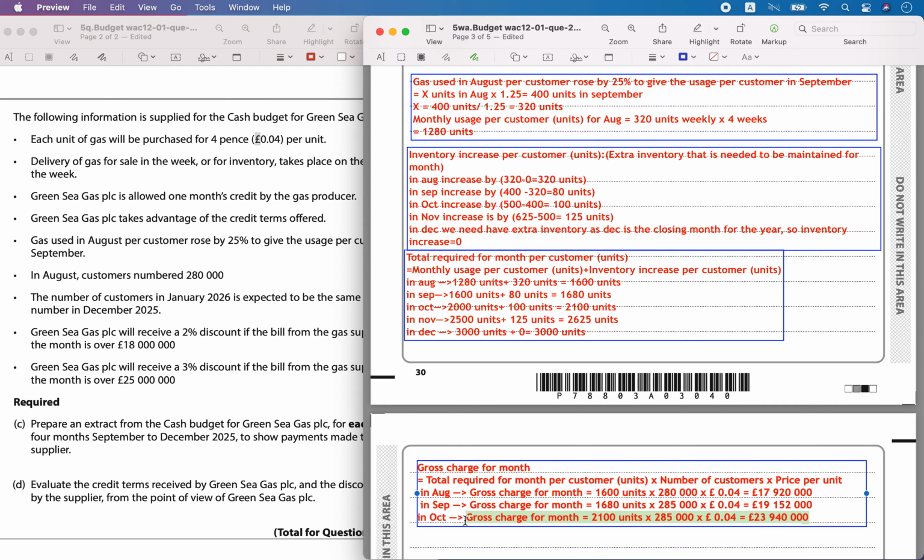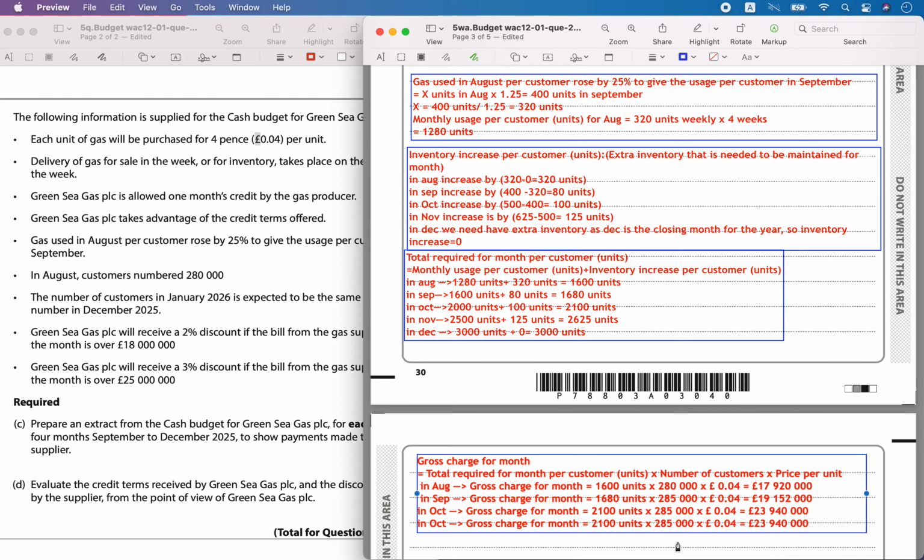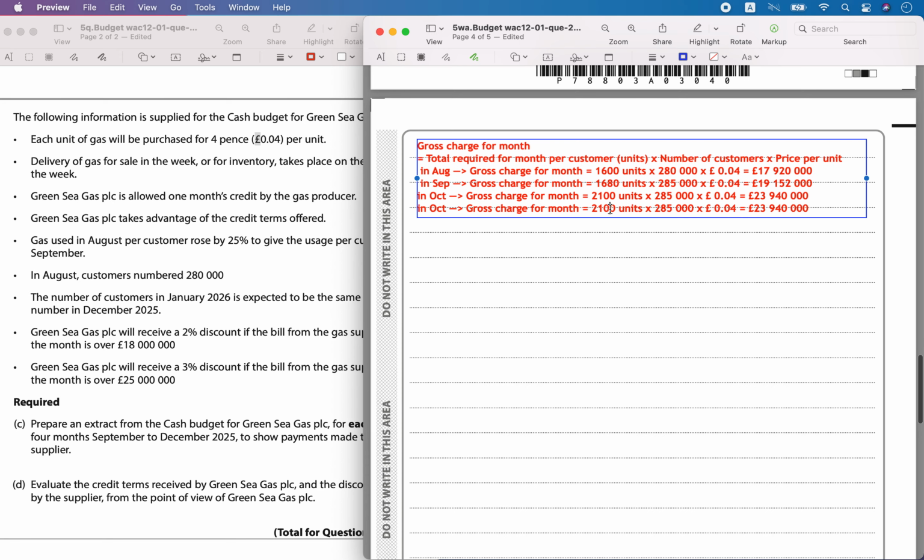For the month of November, the gross charge is going to be equal to, there are 2625 that was purchased, inventory purchase, 2625 times 295,000 into 0.04.